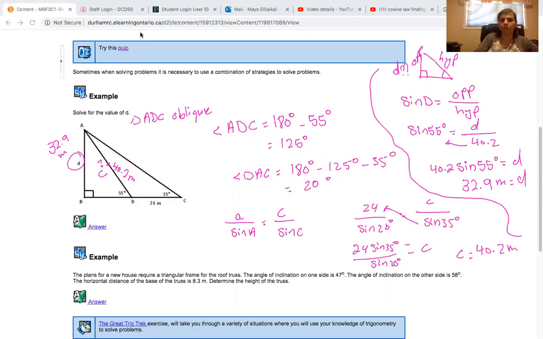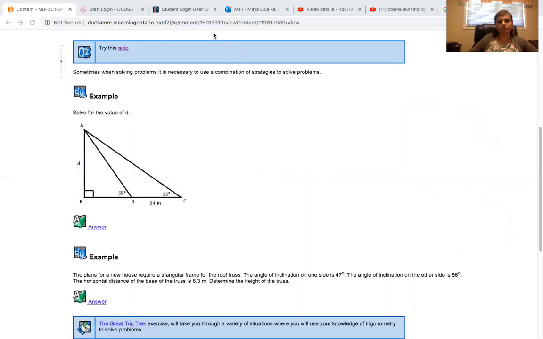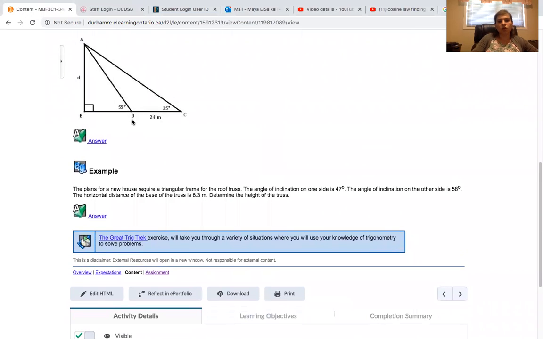Now, let's read the next example. The plans for a new house require a triangular frame for the roof truss.